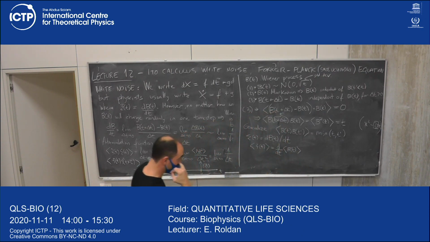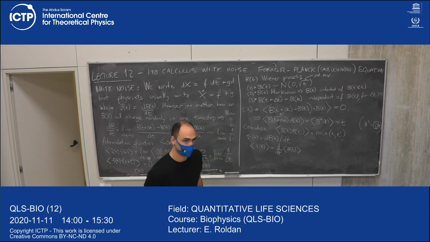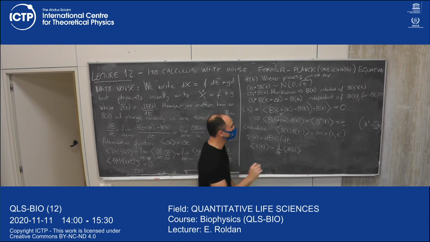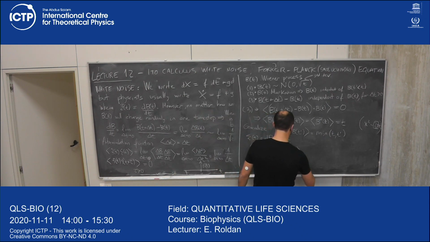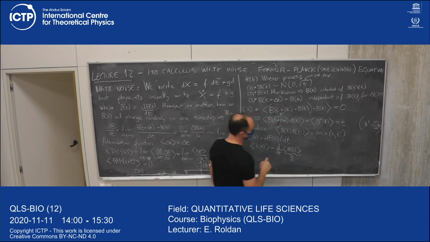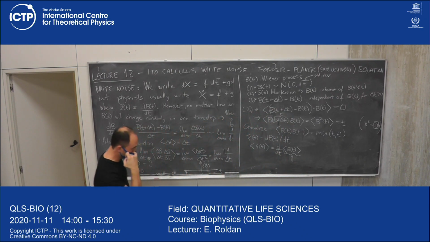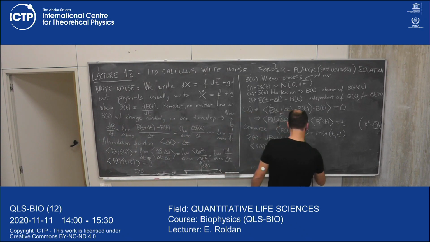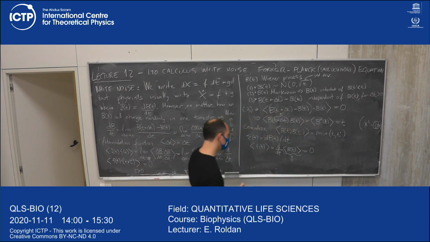Okay, but the average of B(t) is 0. So how much is this? The average of B(t) is 0, right? Yes. Okay, this average is 0. So the derivative with respect to time of 0? 0. The average of psi is 0.